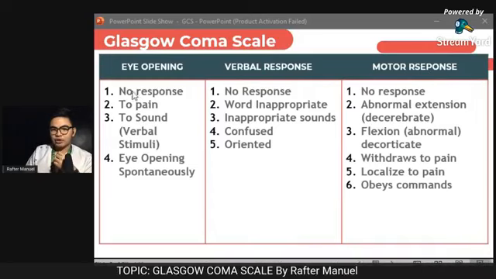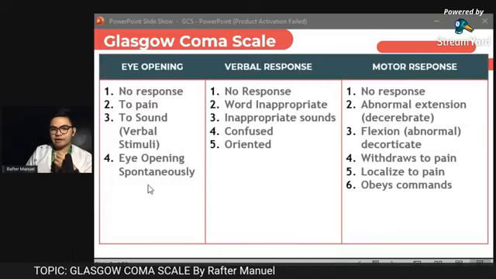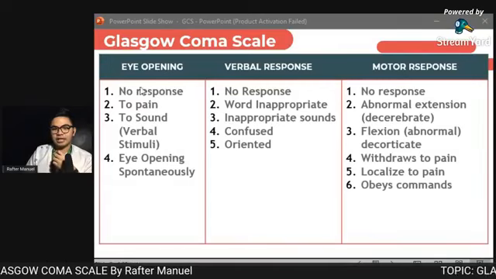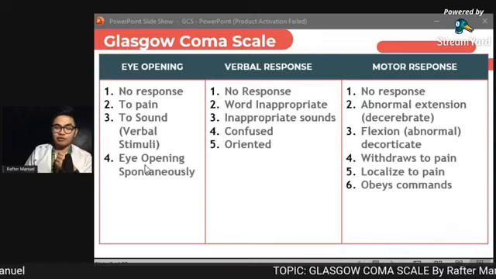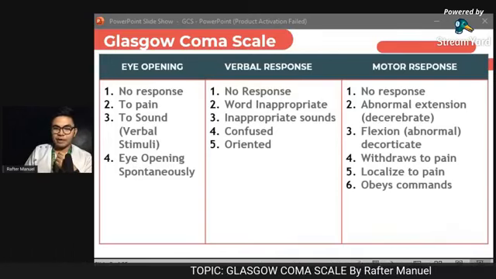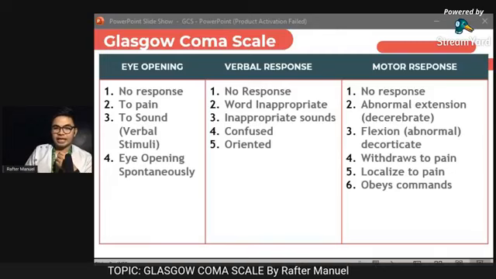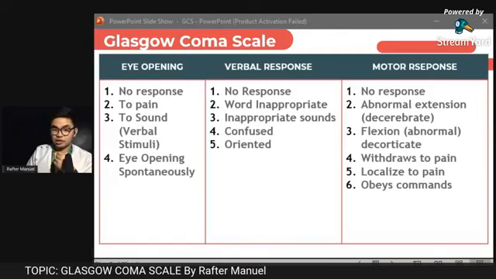If you notice, they have points. In the eye opening, the highest point a patient could get is 4 points. In the verbal response, 5 points. In the motor response, 6 points.